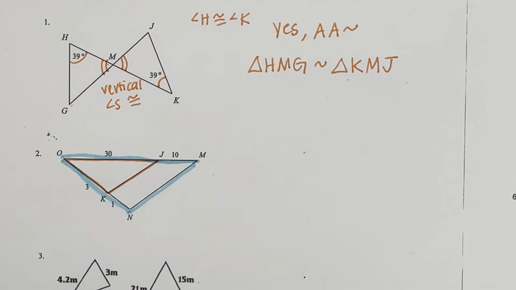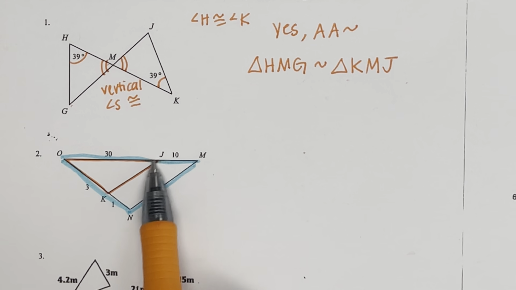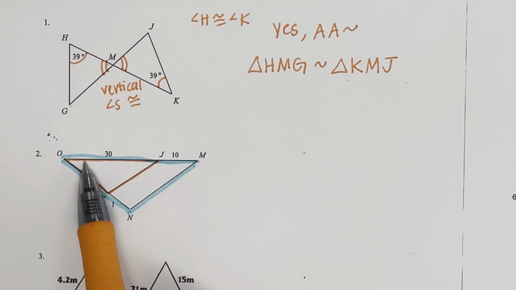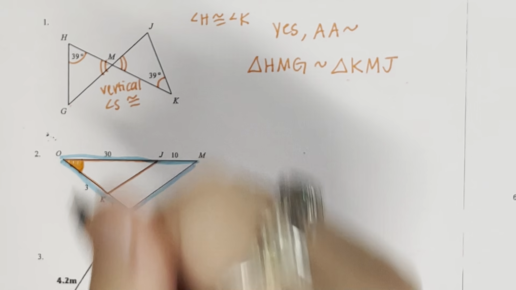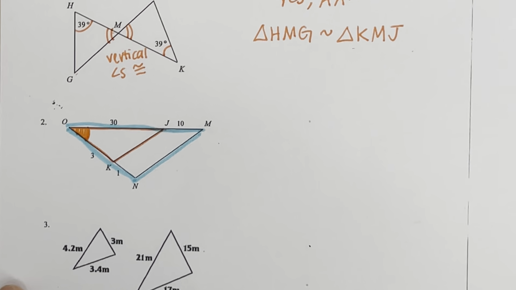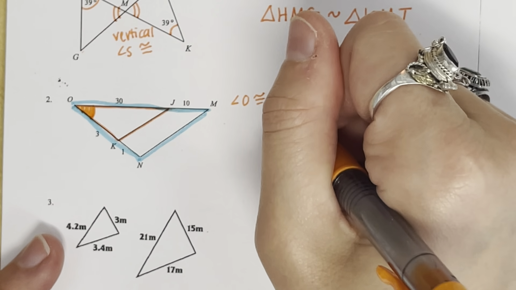So I'm going to take a look at the side lengths for each of these. Now, what I do notice is that because these are overlapping each other, they end up sharing this angle O right here. So I already have one angle that I know is congruent in both of the triangles. Angle O is congruent to angle O.